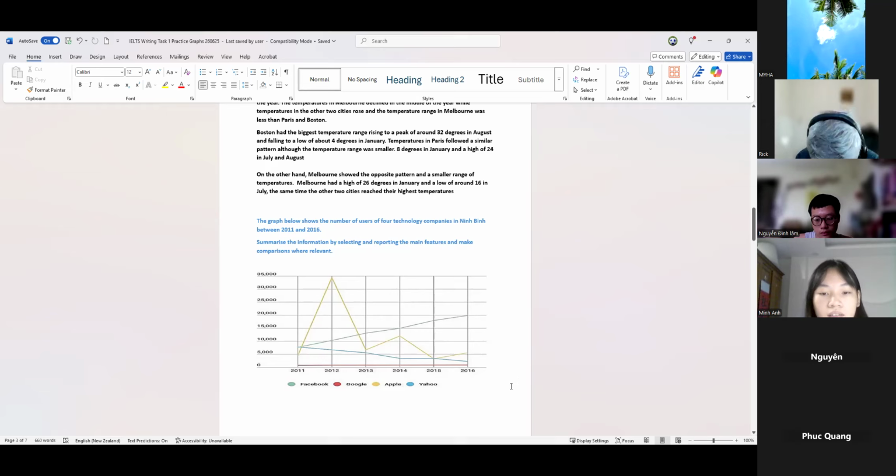Apple users rose significantly to a peak in 2012, before falling dramatically in 2013, and then fluctuated for the rest of the period.